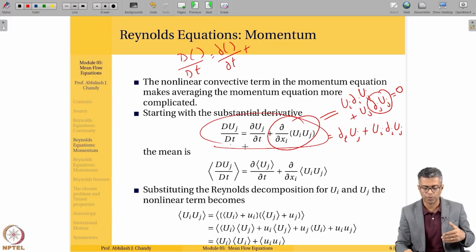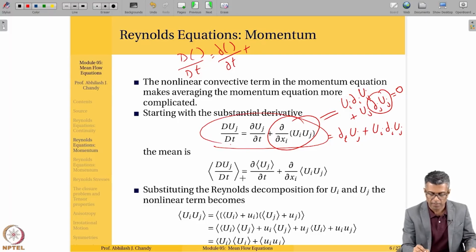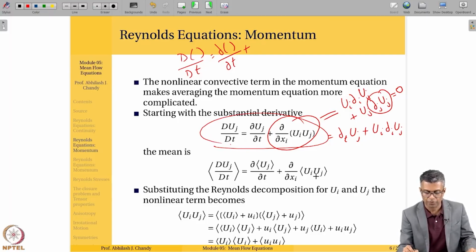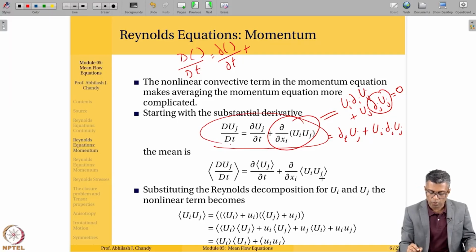Now what you do is you take a mean of that. Once you take a mean, what you have is del t of uj plus del xi of the mean of ui uj. Then you substitute the Reynolds decomposition of these components.